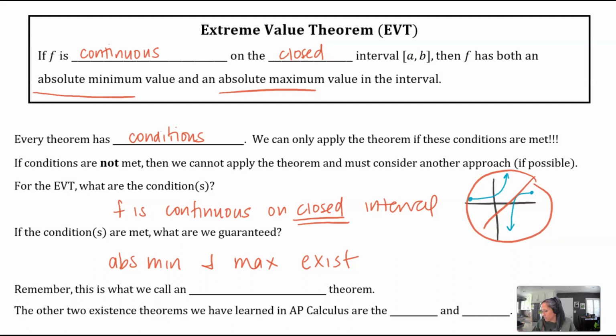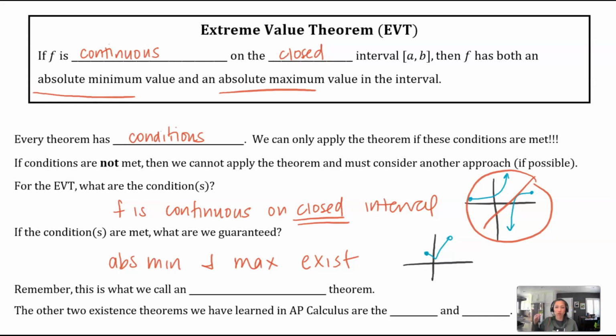Now, why does our interval need to be closed? Well, because if we don't have a closed interval, we might have something like a parabola itself, the same situation as my infinite discontinuity. If you want something even simpler, I could just do a problem like this, where I have an open circle at this right endpoint.